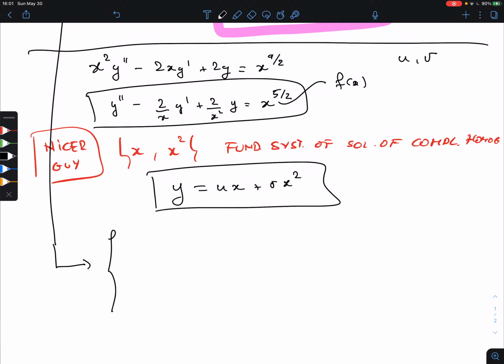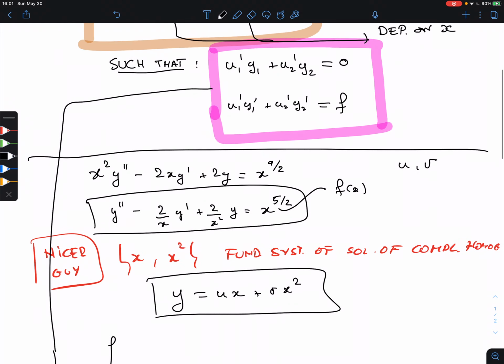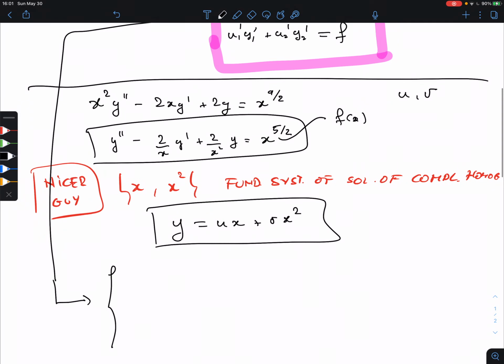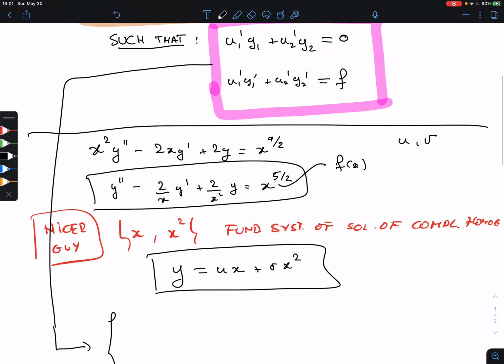So now write down these two equations here. The first equation is where you copy what everything is. y1 and y2 are x and x squared. So in the first equation, you don't take derivatives; we take derivatives of the other ones. So we write 0. Be careful: these equations do not come from this.